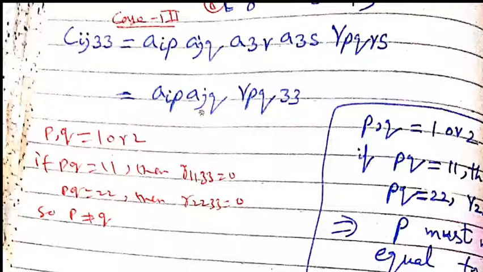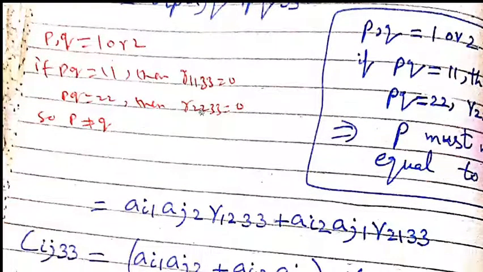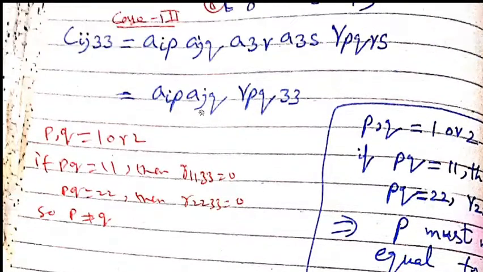Let us suppose you have AI3, open the summation AI3 gamma 3 Q 3. Now your I would be either 1 or 2, because in this case we are saying that we have only two 3s.